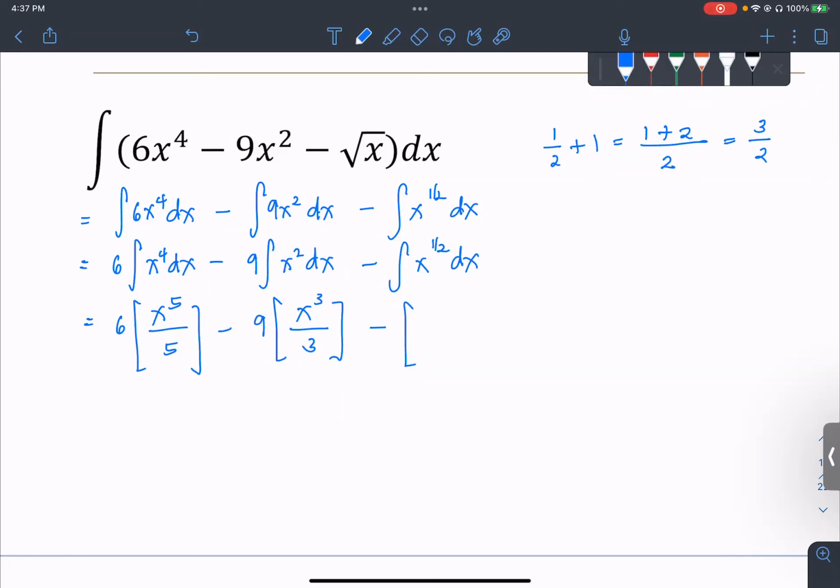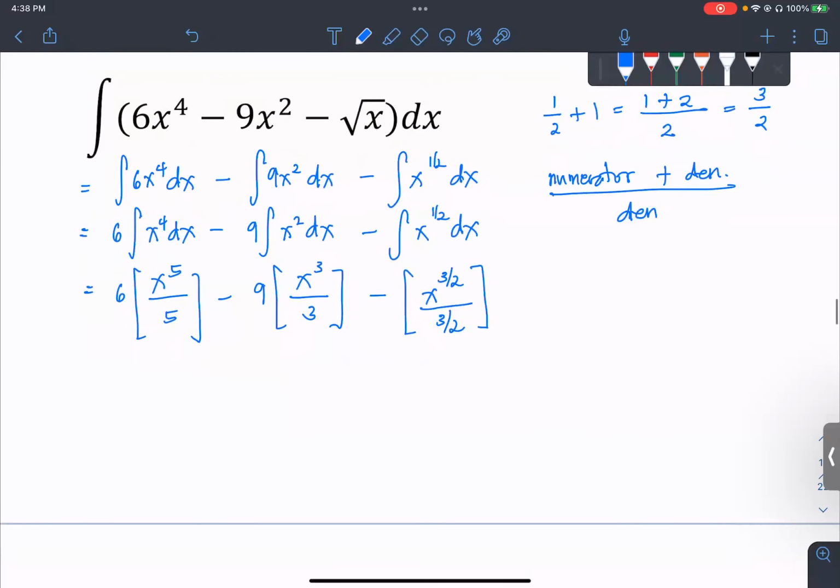Pero shortcut, since ang ina-add mo lagi namang 1, basta nag-add ka ng 1, numerator plus denominator over denominator. Yun lagi ang sagot pag fraction. So x raised to 3 all over 2, tapos ang sa baba, 3 all over 2 din siya.